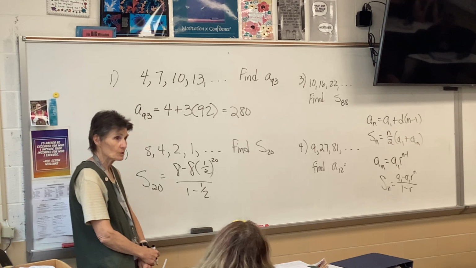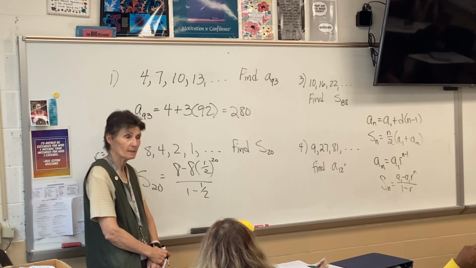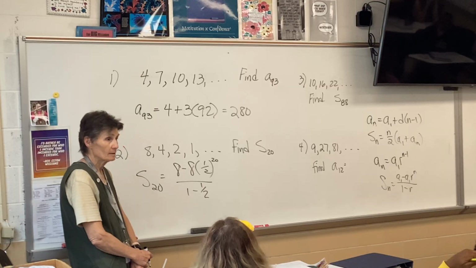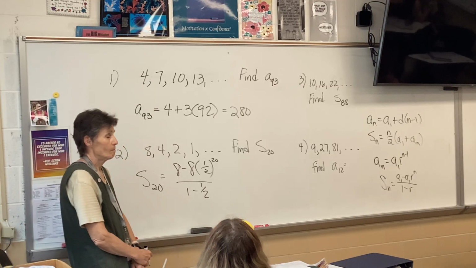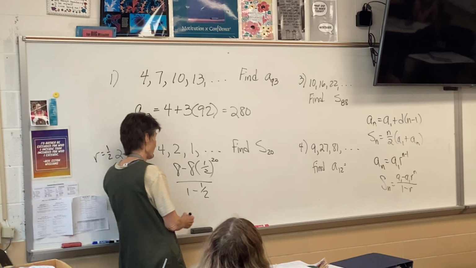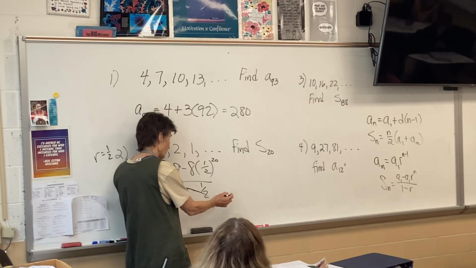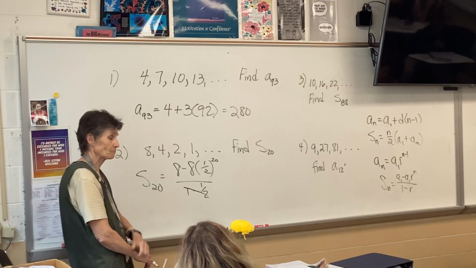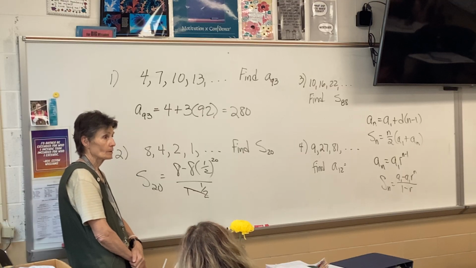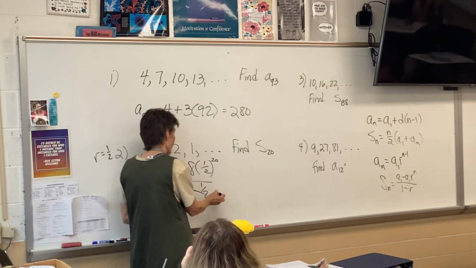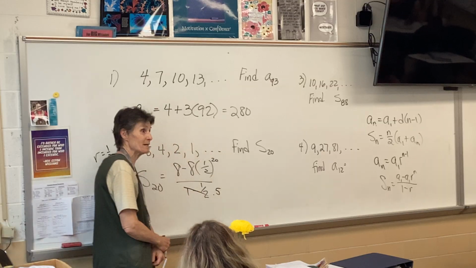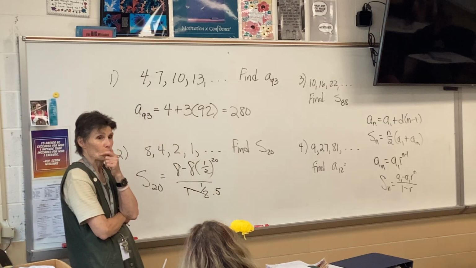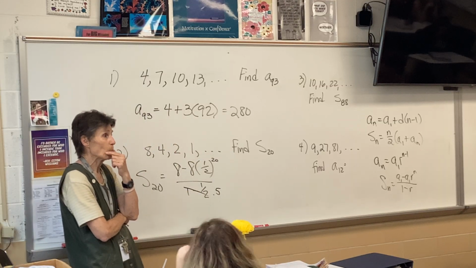What am I doing? Just plug in numbers into the formula, right? Not hard. I always like to do my denominator first. So what's 1 minus a half? 1/2. I'm going to make it 0.5 because that's easier for me to type in on my calculator. The denominator is 0.5.